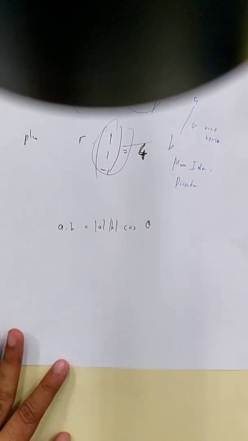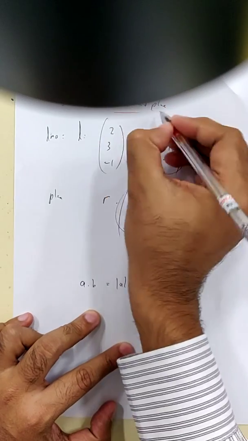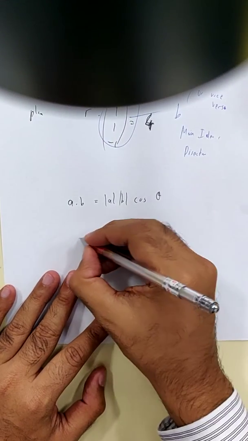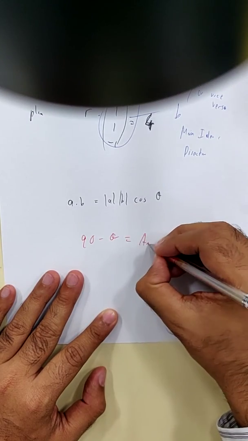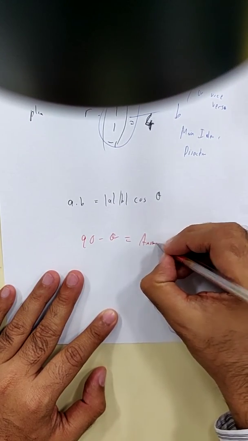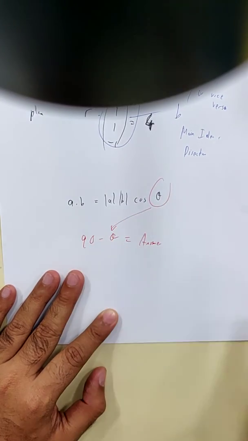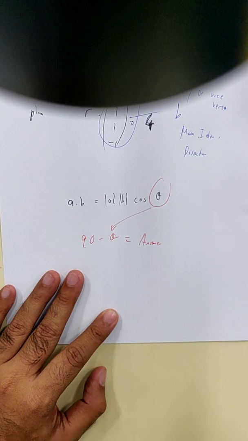Okay, here comes the catch. This is what makes the difference between A and A minus student. For angle between line and plane, what's the answer you're going to get? It's 90 minus theta. That's your answer. Once you get this answer, you need to do this, 90 minus theta. This is the only difference.